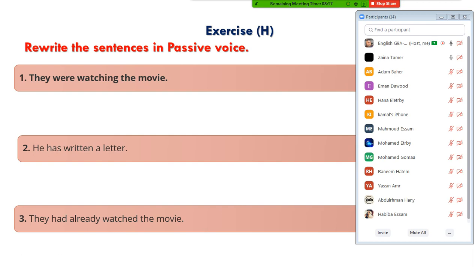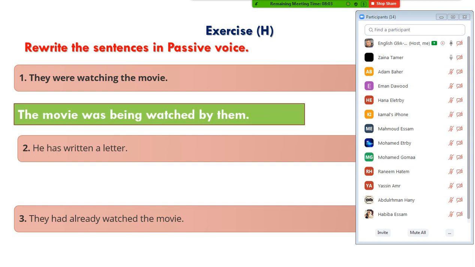If you remember what Haneen did in the previous sentence, you'll do the same here, but in the past, because this is past continuous. So the movie was being watched. Excellent. That's right. The movie was being watched by them. Number 2, Yasin.